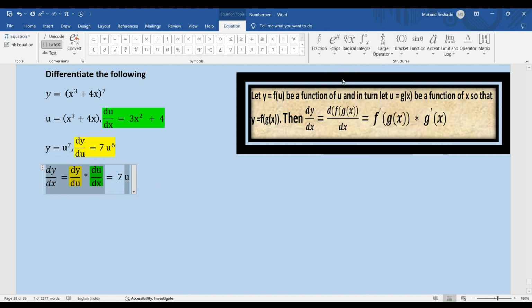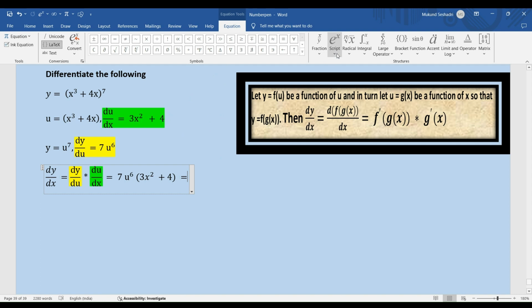and then I have a 3x squared plus 4, which is my du by dx, right? So then I still have the answer in terms of u and x, right? So which means I will have to go ahead and make the substitution of u and represent the final answer in terms of x, right? So what is my u? My u is x cubed plus 4x.